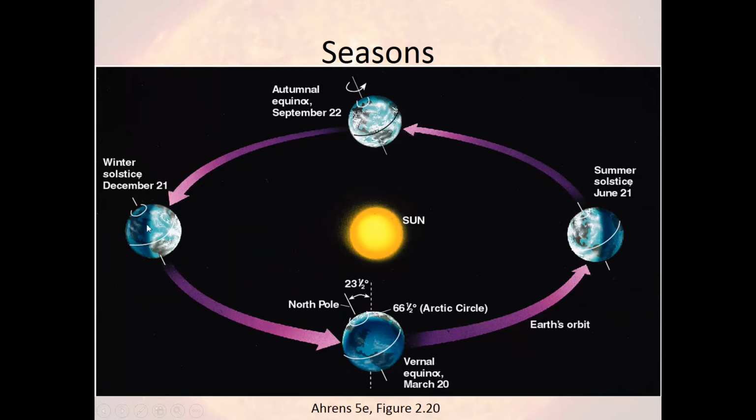One thing I should highlight here is that the direction of Earth's tilt does not change throughout the year. The direction of Earth's tilt is always pointing towards Polaris, the North Star. And the North Star is somewhere way up over here.